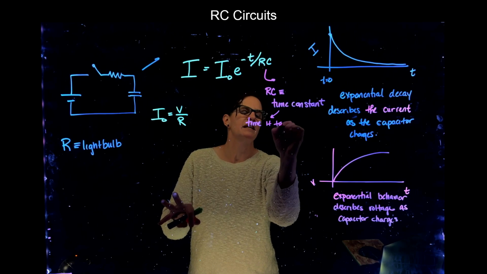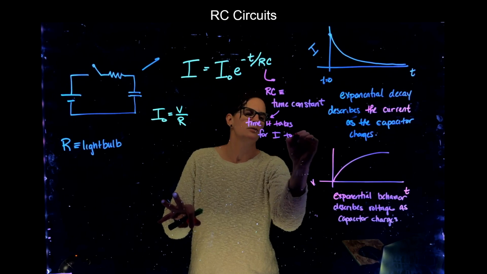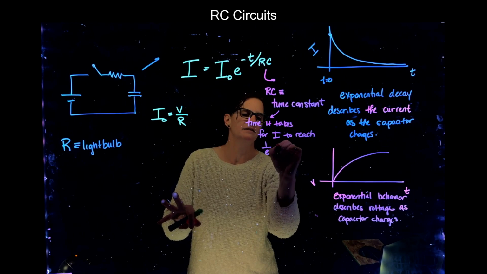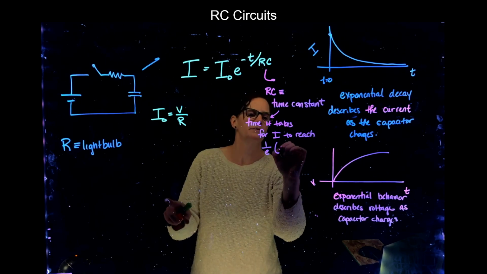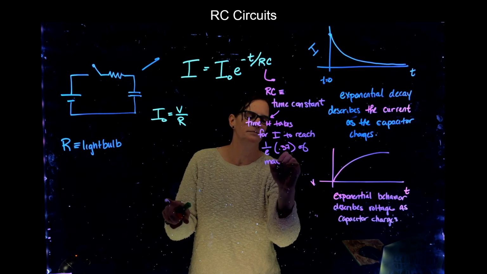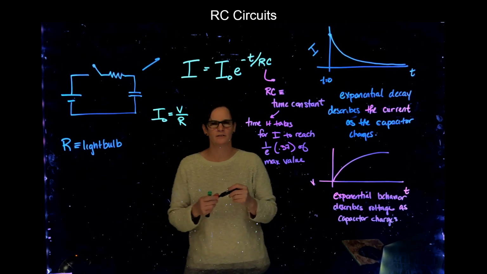The time it takes for the current to reach 1 over e, which is about a third, 0.37, of its max value. Okay, so that's our definition of time constant.